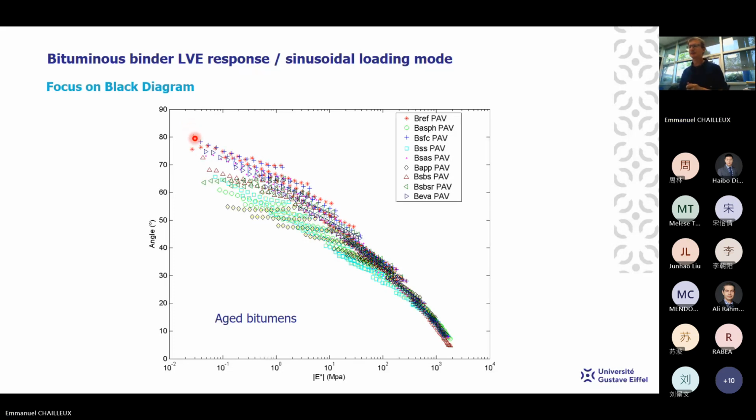But in this case, the isotherms don't overlap. So it means that the viscoelastic signature is not the same from one temperature to another. There is something which happens in the material with temperature, which is not the same at different temperatures.